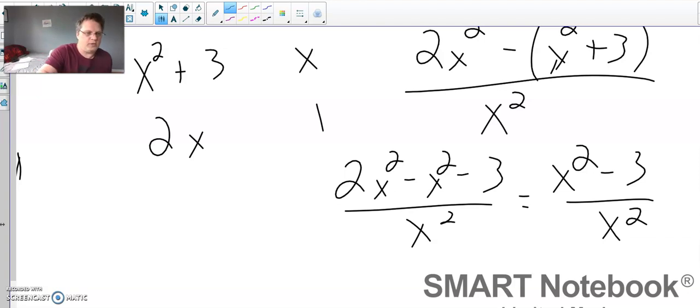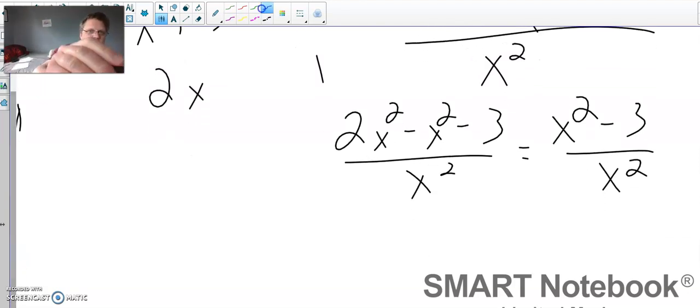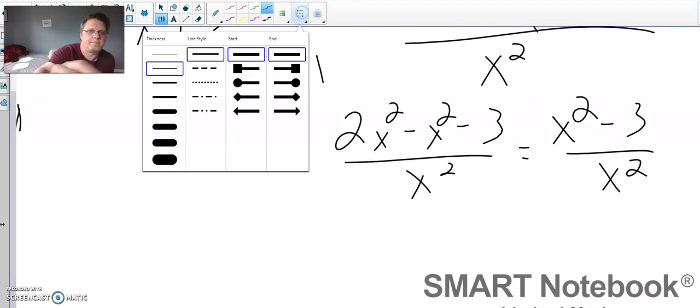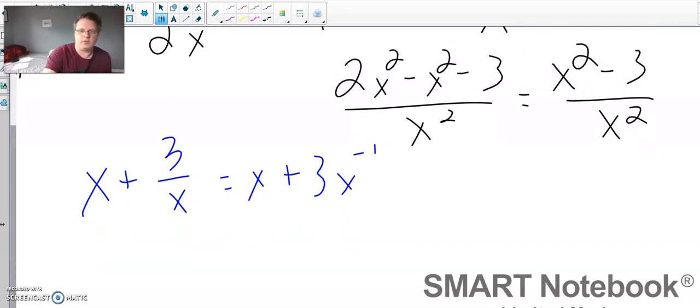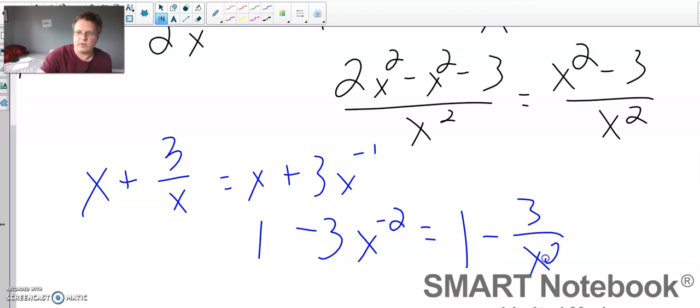The other way to do it, of course, if you did it separately, is x plus 3 over x, which is x plus 3x to the negative 1. The derivative of x is 1, minus 3x to the negative 2, which is 1 minus 3 over x squared.